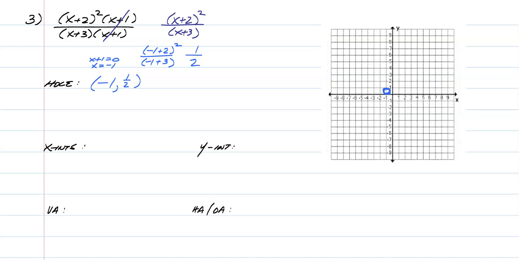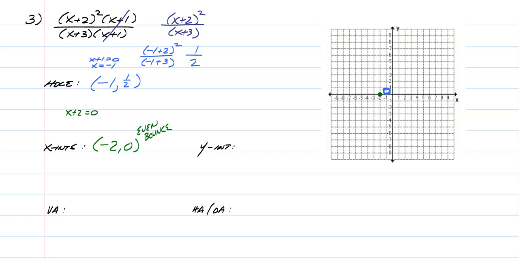X-intercepts, you set your numerator equal to 0. So we're just going to set our x plus 2 equal to 0, and we're going to get -2 comma 0, but this time it was even, so it's going to bounce. Okay, so at -2, 0, that is going to be a graph that bounces.